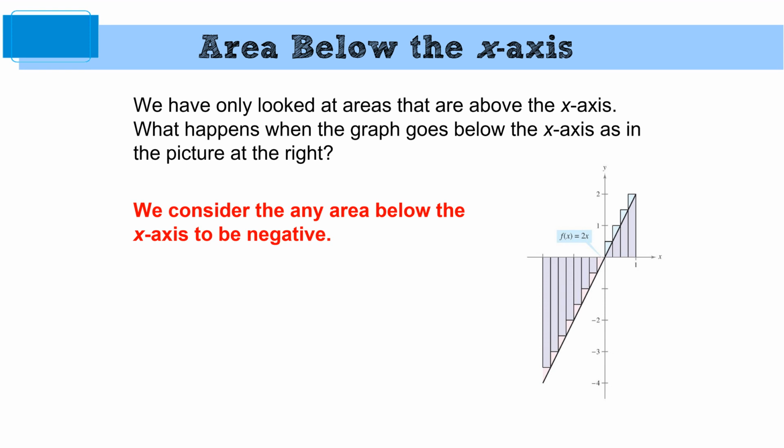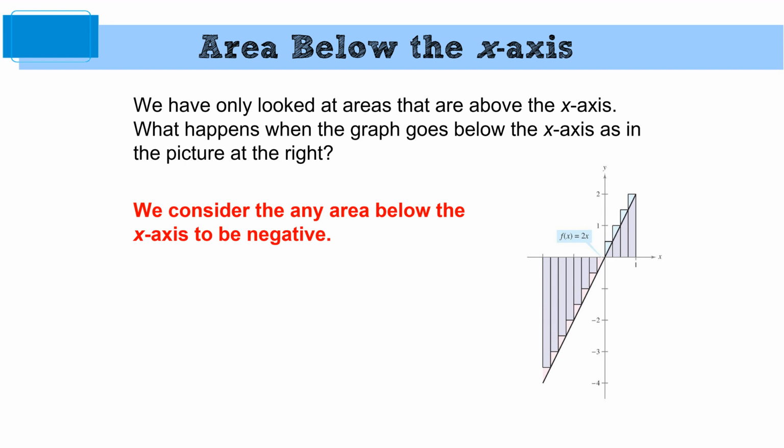Liam, it will be negative, tell me why. Because it's more under the graph than above it. Excellent. The area under the curve is bigger than the area above the curve. And hopefully that's a pretty simple concept.